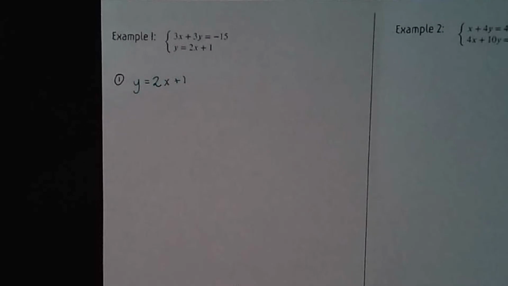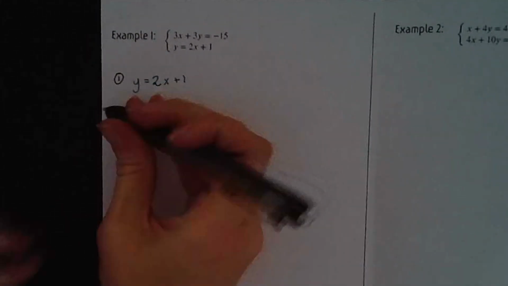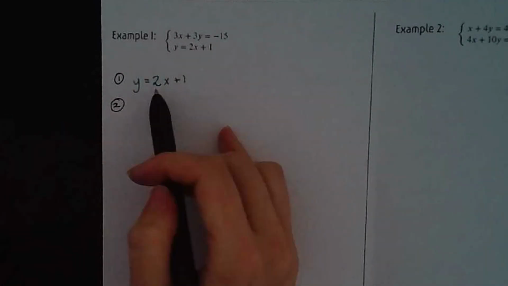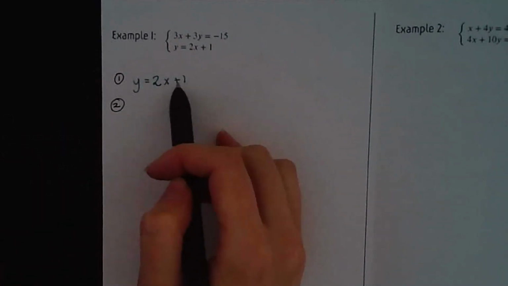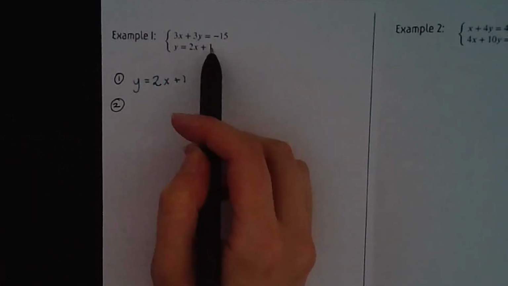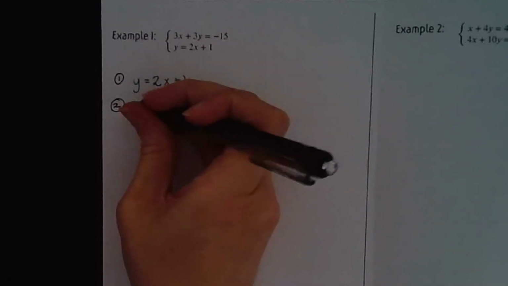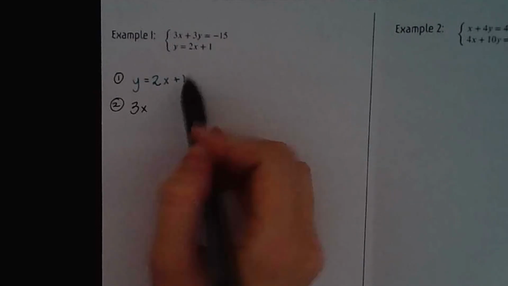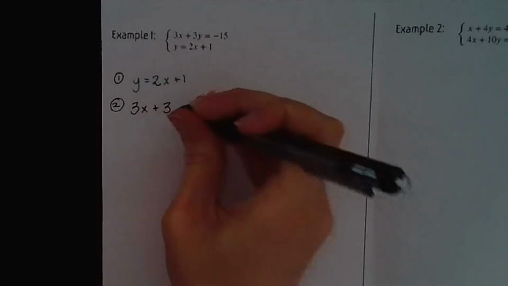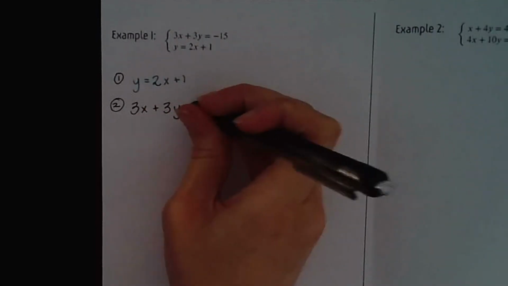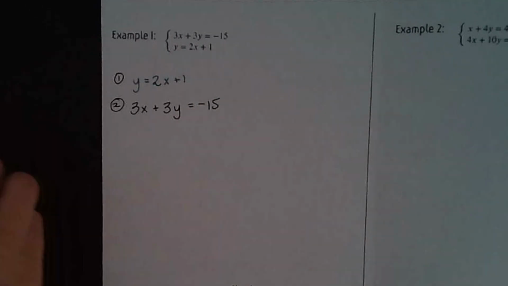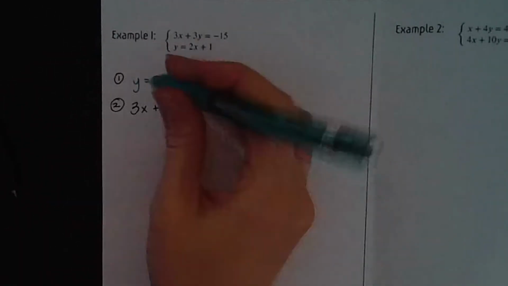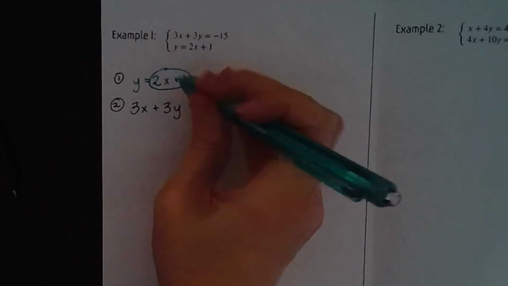Step two is to substitute. So what I'm going to do is substitute this equation, 2x plus 1, into the first equation. So I know y equals 2x plus 1. So that means where there is a y in this first equation, I can substitute 2x plus 1.